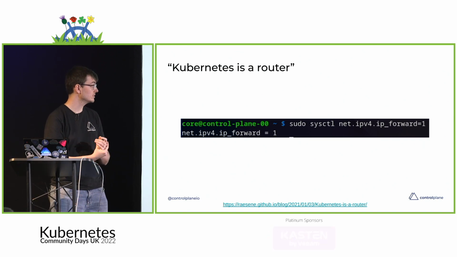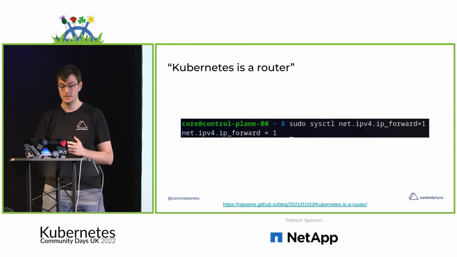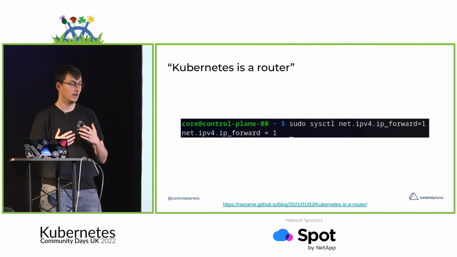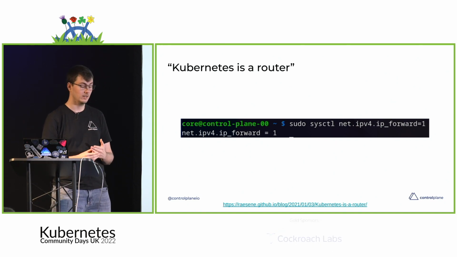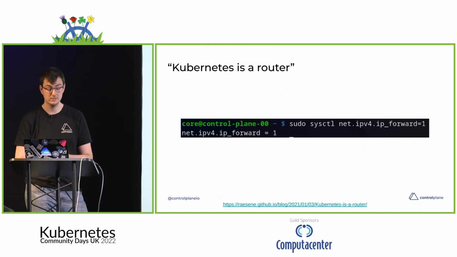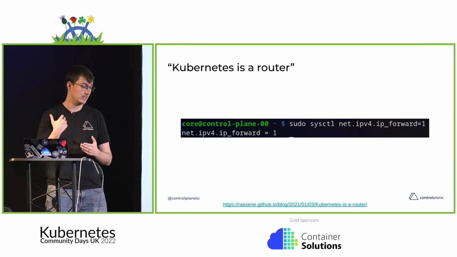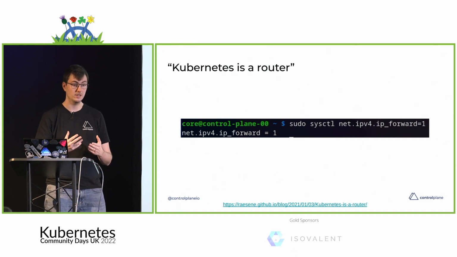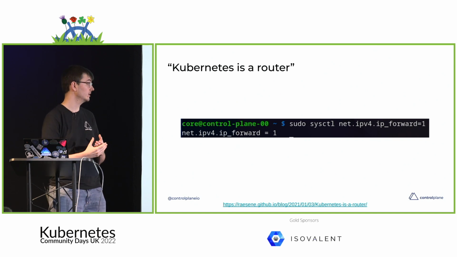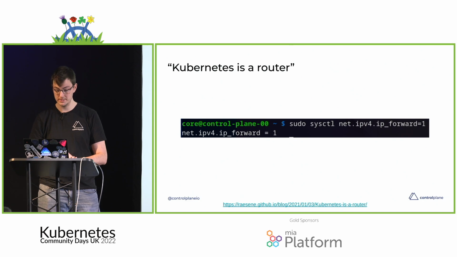This IP forward sysctl is an instruction to the Linux kernel that tells it to enable IP packet forwarding based on the iptables configuration that it knows. And that's necessary for the IP forwarding within kube-proxy and within some of the other core components of Kubernetes.